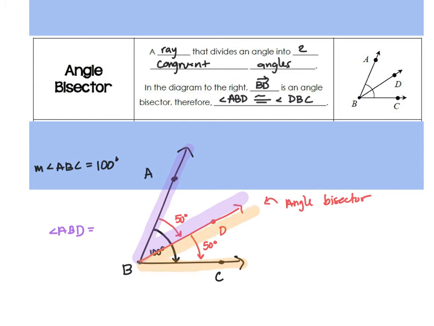So it's equal to angle CBD, all right? That's basically what this statement says. Hopefully it made a little bit more sense now. Let's go on to the next one.